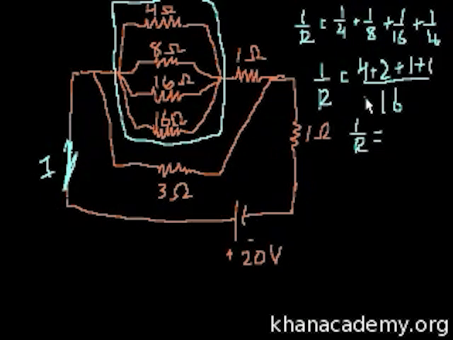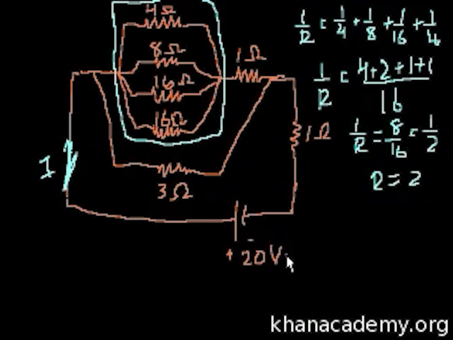So 1 over R is equal to 8 over 16. The numbers are working out as equal to 1 over 2. So that equivalent resistance is 2 ohms. So that quickly we just said, all of these resistors combined is equal to 2 ohms.